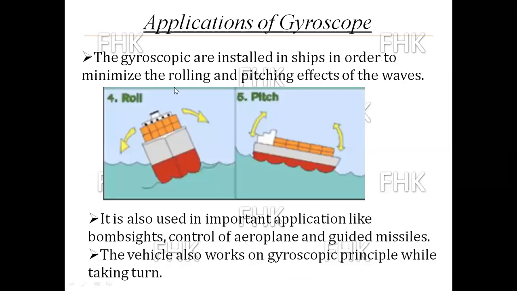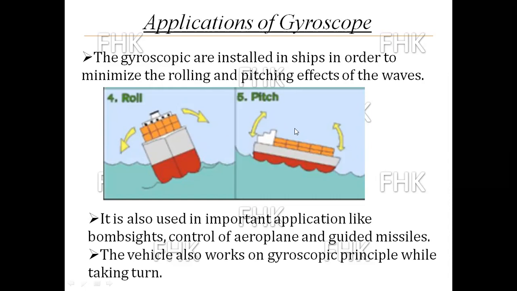The third application is that gyroscopes are installed in ships in order to minimize the rolling and pitching effect of the waves. When you see in front view, you can see the rolling action of the ship, and when you see the side view, you can see the pitching action of the ship.